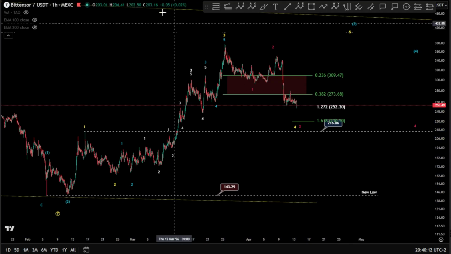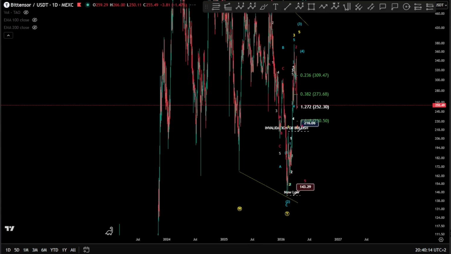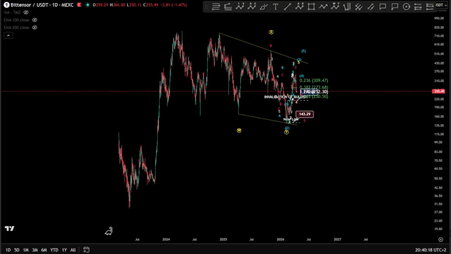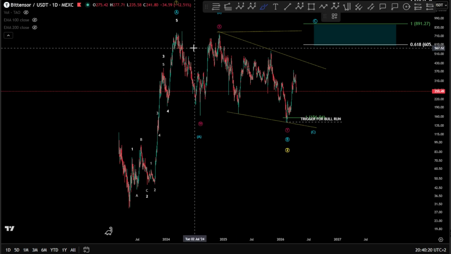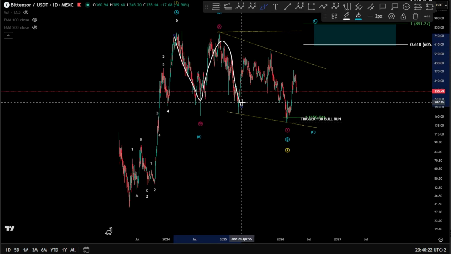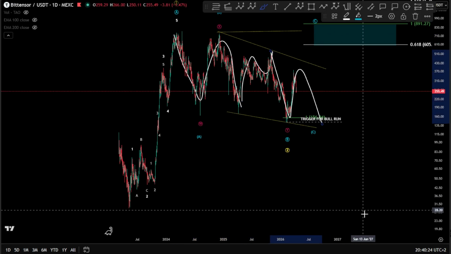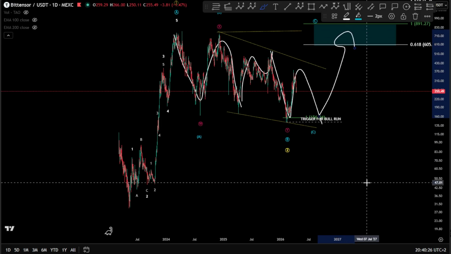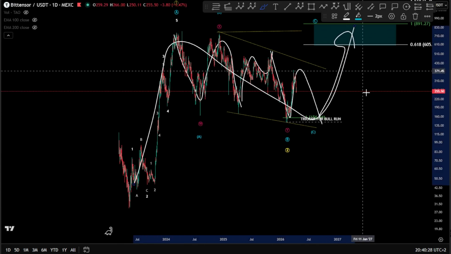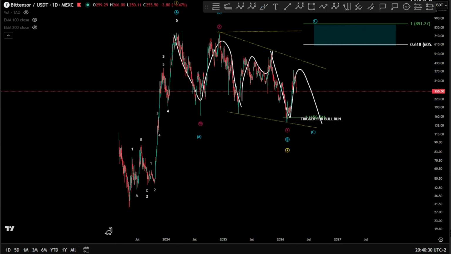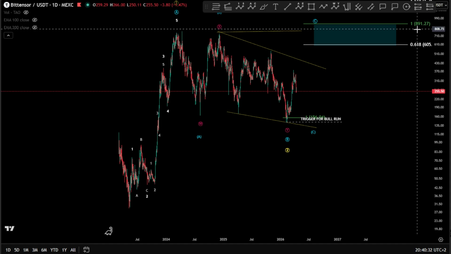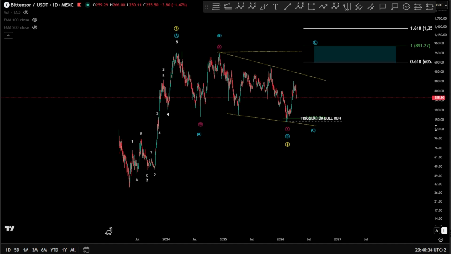And then, of course, finishing this massive structure that might be unfolding here for TAO as a large W, X, and a Y, meaning a W and X here and another wave Y. And then, of course, looking for the wave C as an A, B, and a C here, looking for the blue zone, that it might hit the 800 or 900 and around it as well.